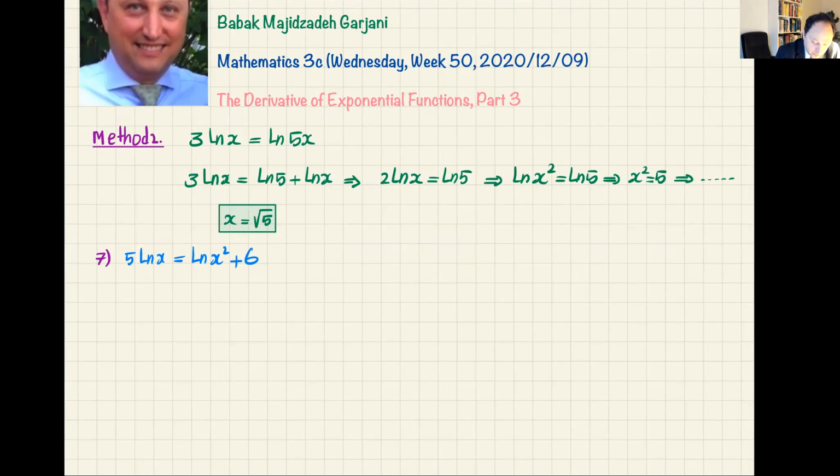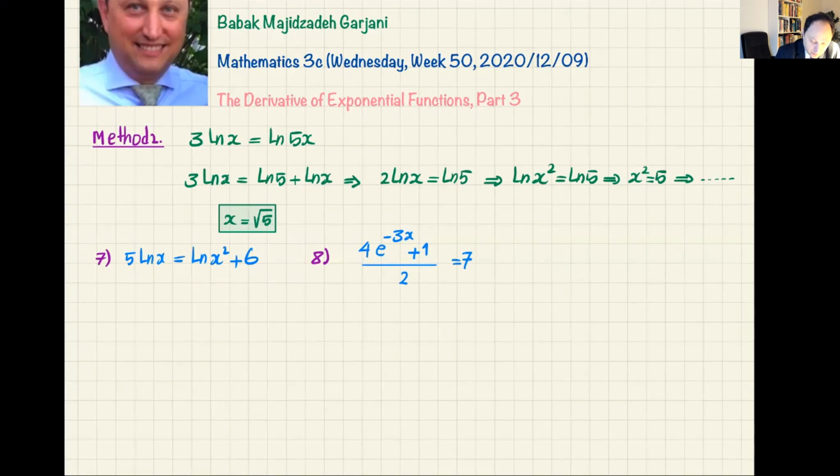So problem number 7, problem number 8, 4 e to power minus 3x plus 1 divided by 2 equals to 7.